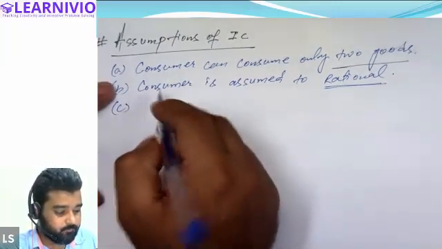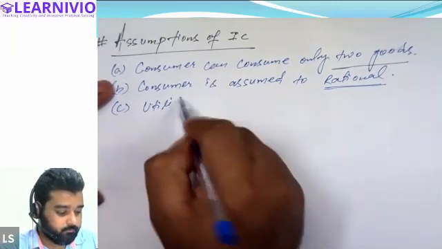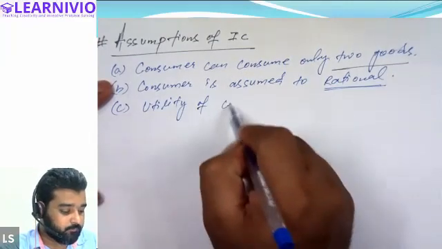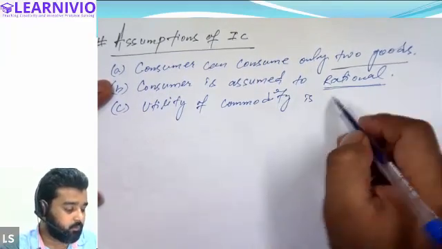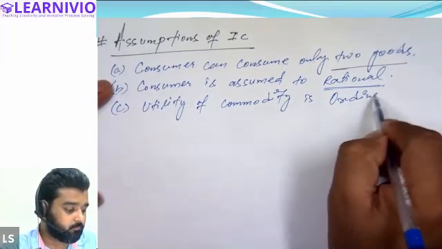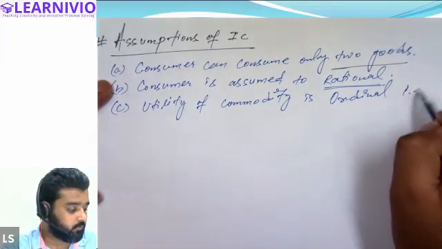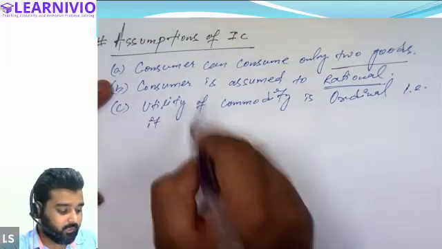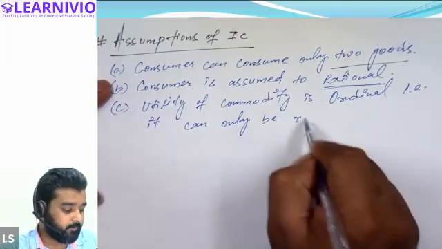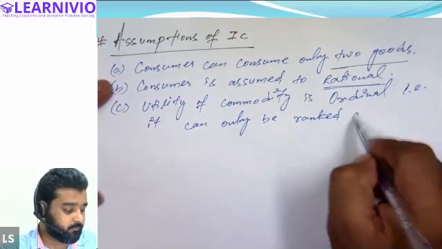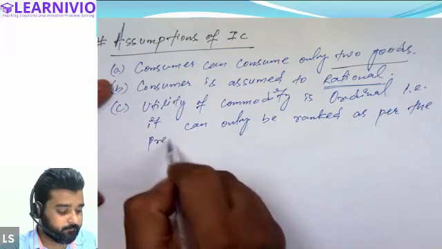Now there is one more assumption. The utility of commodity is ordinal. That is, it can only be ranked as per the preference of the consumer.